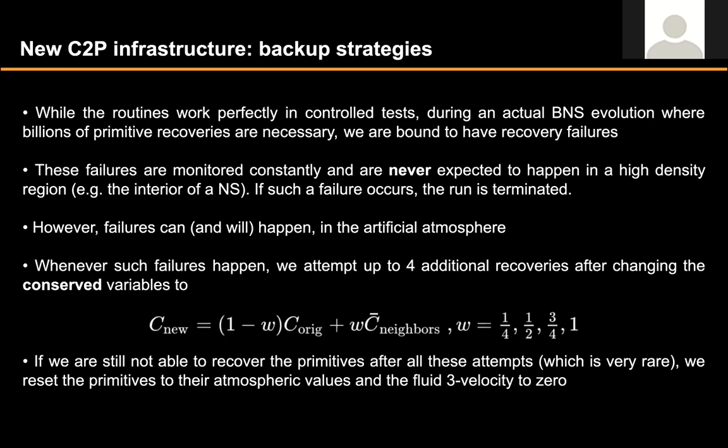We do that up to 4 times, increasing the weight we give to the neighbors as shown here in the equation. And if after all that we still have not been able to recover the primitives, which is something that happens very rarely, then we will simply reset the primitives to their atmospheric values and their velocities to 0.